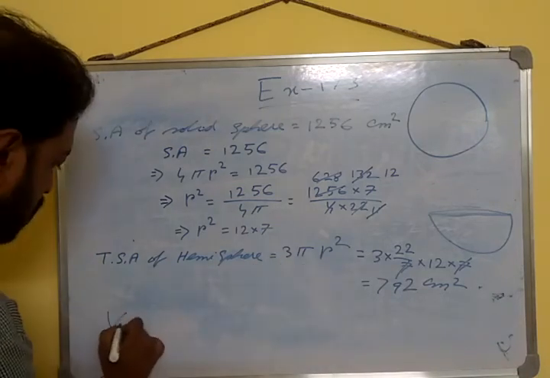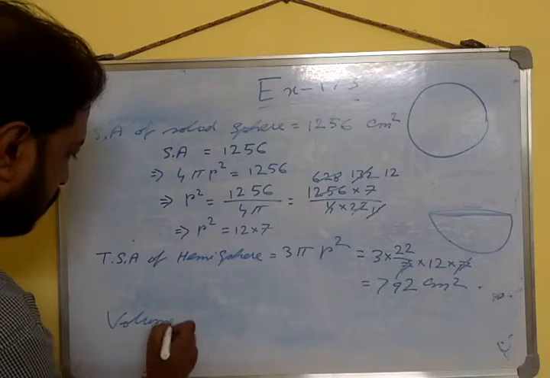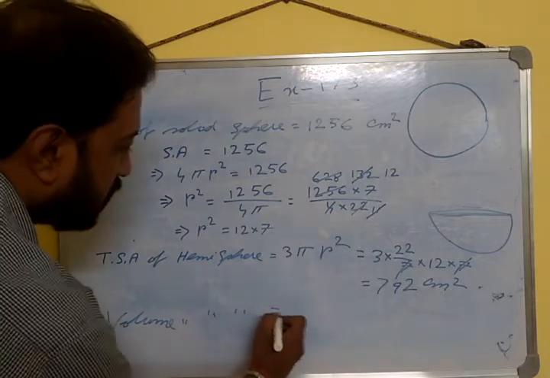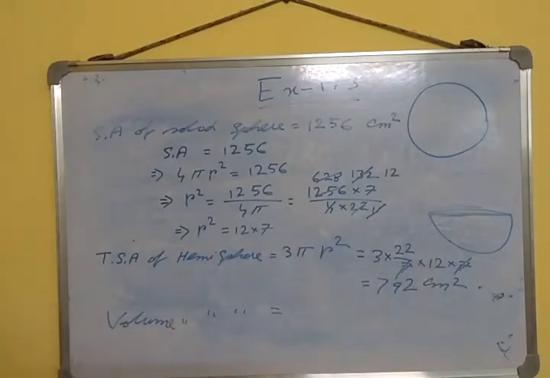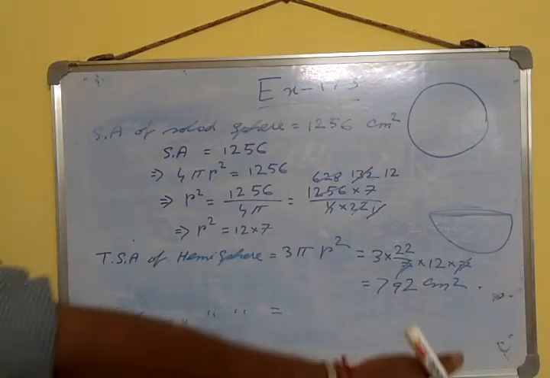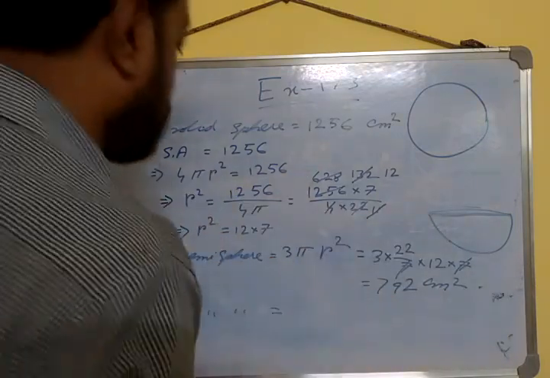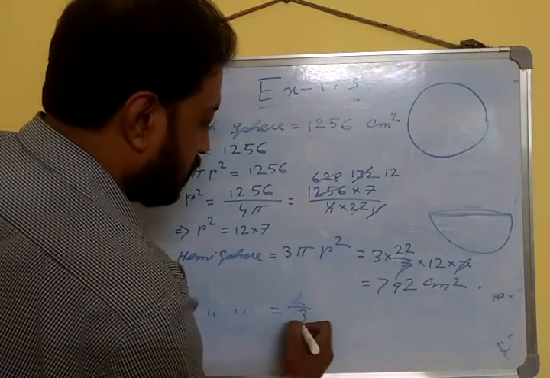Now, volume of hemisphere. What is the volume of hemisphere? I think it is 2/3 pi r cube. Isn't it? Now the problem arises here because 2/3 is fine.